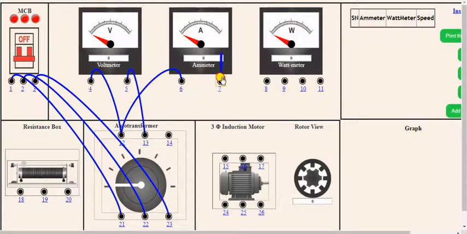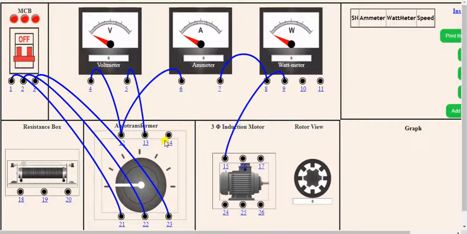Then connect 7 and 8 to the wattmeter current coil. This is the 2nd terminal of the ammeter and this is the 1st terminal of the wattmeter. The current coil is connected in series. Then point number 9, the output of the current coil, connects to motor terminal 15.